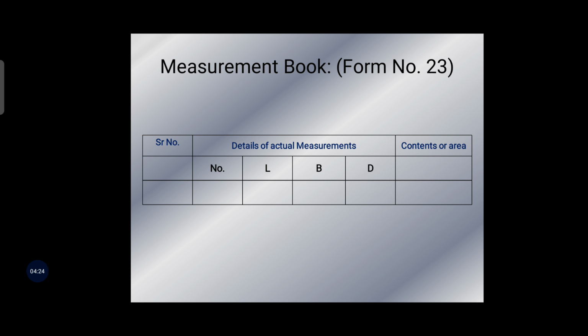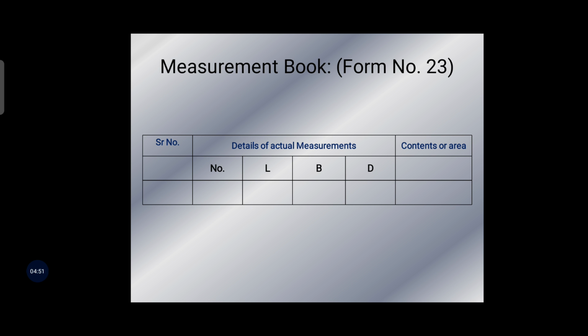In the serial number you can put your number, then the actual detail, actual measurement; if you are taking some measurements then you put their numbers, then its length, breadth, depth, height. Then in content or area you can put the calculation and estimation. This is your measurement book.